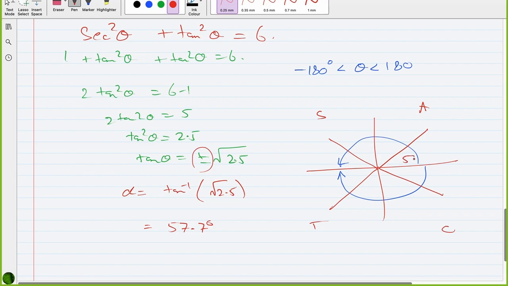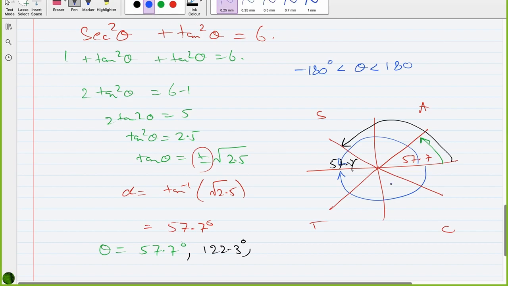So if this is 57.7, my first angle would be theta is equal to 57.7 degrees, and the second angle would be all the way till here, so 180 minus 57.7 for the second angle, which is 122.3 degrees.